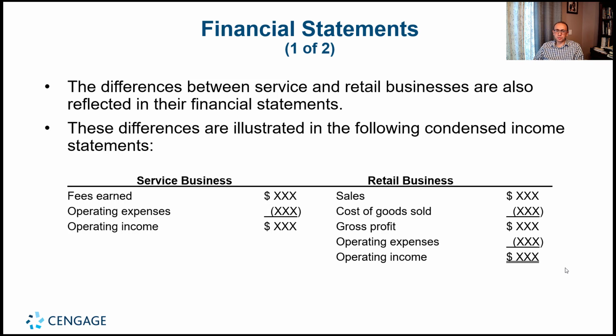That's typically what retail businesses try to do. They mark up their products compared to their cost, so they can have a positive gross profit, and then this gross profit should also be big enough to cover the operating expenses, so they can have a positive operating income.